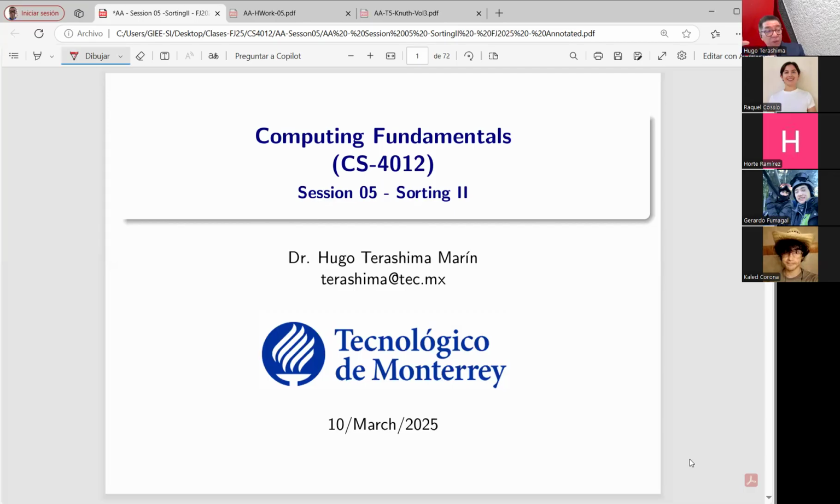At the end, both the lower bound in the worst case and the lower bound in the average case are the same. That is n log n. But I'll give you the demonstration there. So at some points of the presentation, I'm going to go very slow because there are some details that I need you to understand.